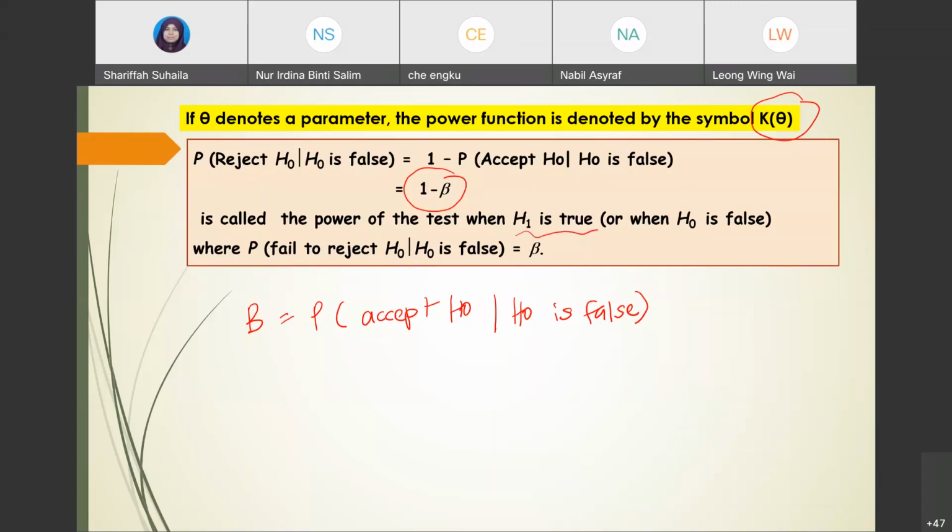So, kalau H0 ni false, maksudnya H1 ni betul lah kan? H1 is true. So, itu maksudnya power of the test tu. So, it can be either power of the test when your H1 is true ataupun when your H0 is false. Okay, probability of rejecting H0 when your H0 is false. Okay, that one first.